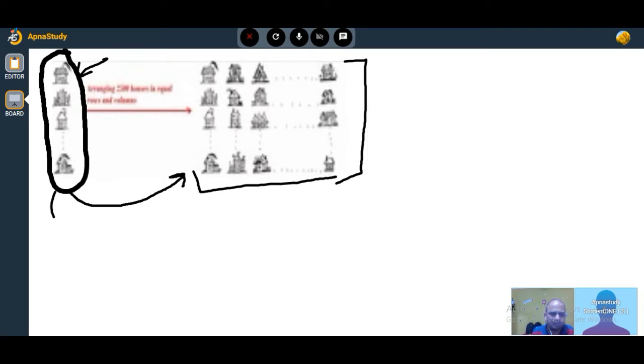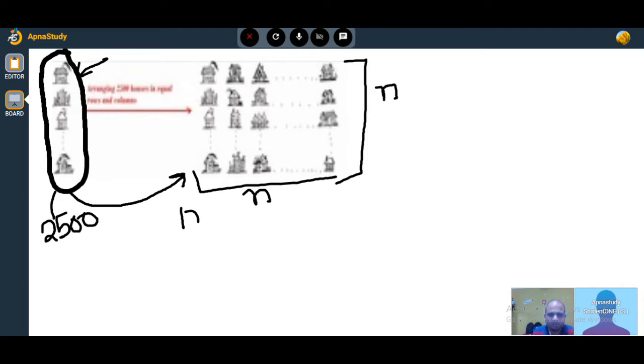Suppose the total number of houses is 2500, and the problem statement says that we have to find the total number of rows as well as the total number of columns. So let's try to find how the arrangement is to be done. Suppose that there are n rows as well as n columns.